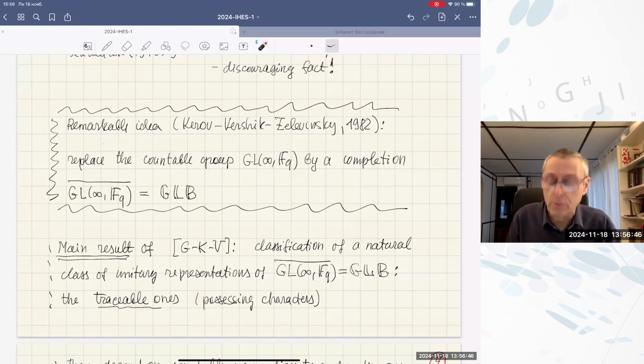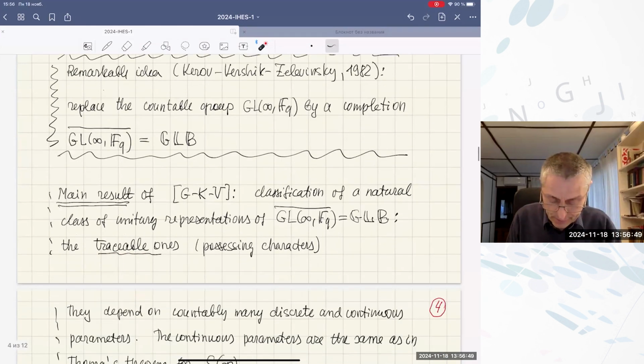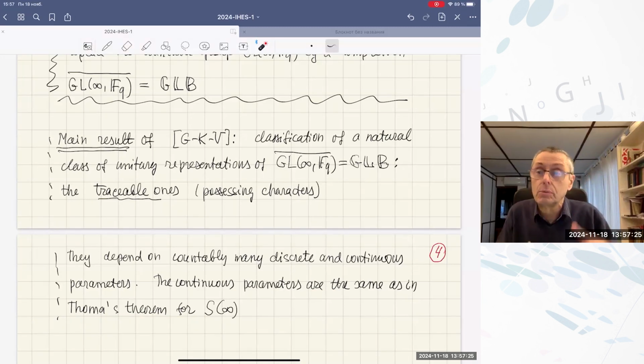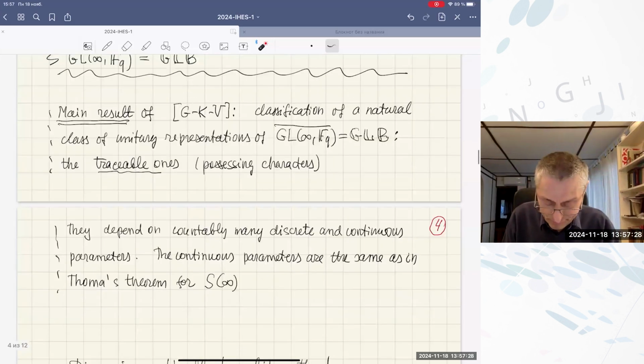They possess characters in quite a natural sense. And it turns out that these traceable representations depend on countably many continuous parameters, essentially the same as in the work of Thoma, plus some discrete parameters, also countably many. And I repeat, the continuous parameters are the same as in the context of Thoma's theorem for the S infinity. So there is a strong parallelism again on the infinite dimensional level.